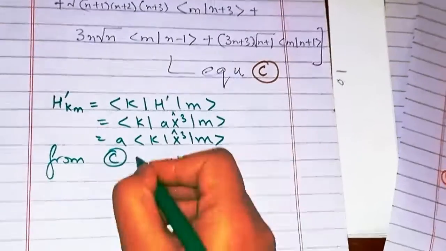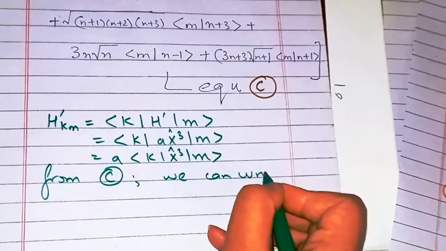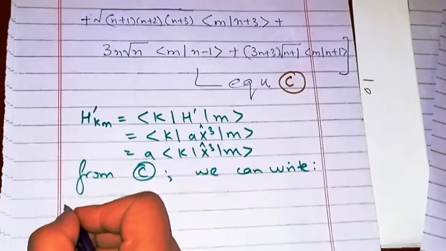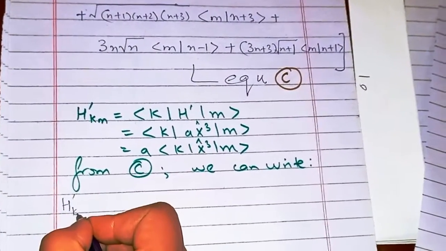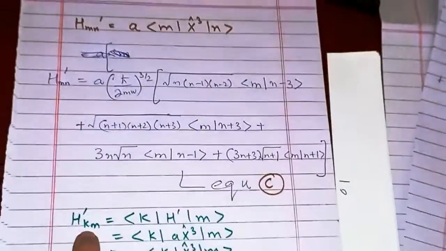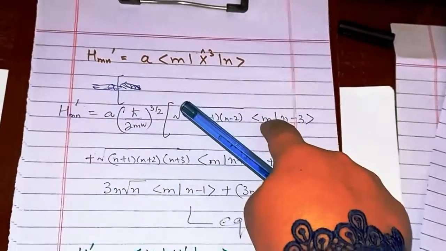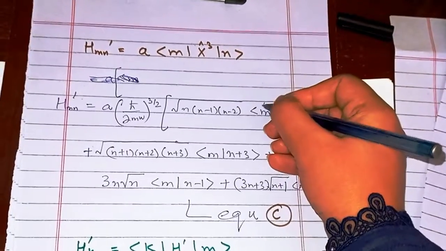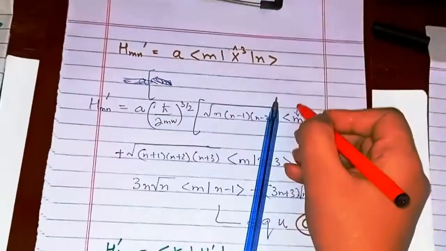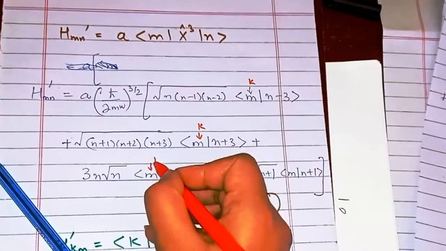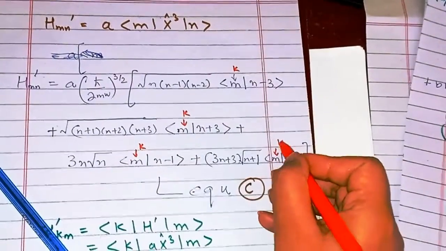we can write, because we can see that they are similar, H'km is actually equal to, let's do the substitution. Instead of m here you'll write k. I'm marking it with red wherever you need to write k. Here it is m, here k, here k as well.